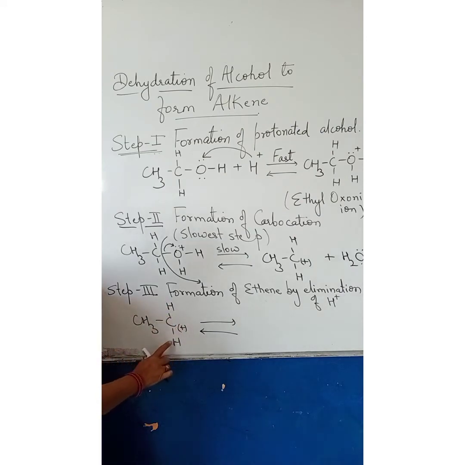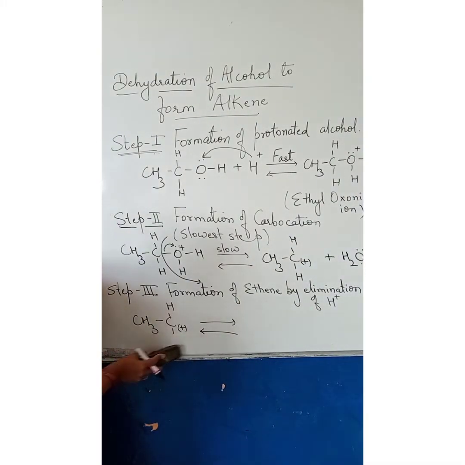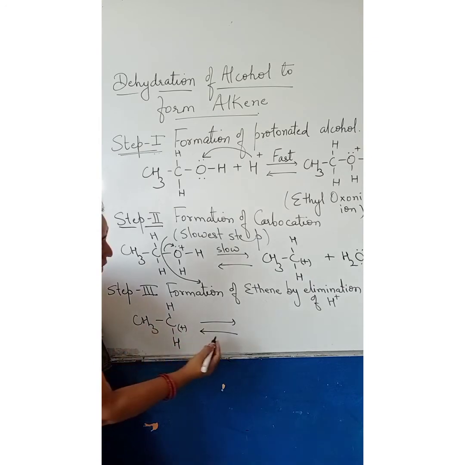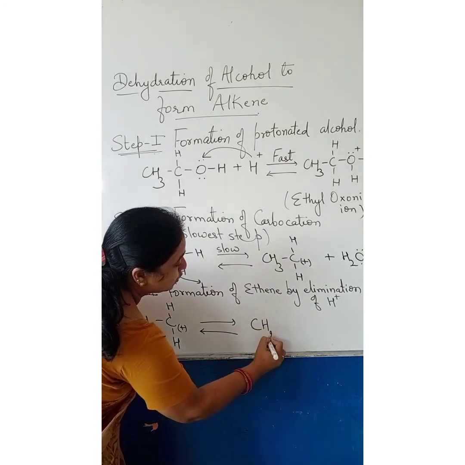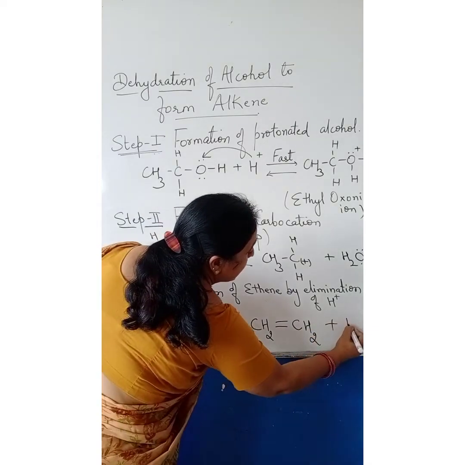So this is the carbocation. Proton leaves its electron pair, which satisfies this one. Basically, the hydrogen from here is going to go and it is going to form a double bond. So CH2 double bond CH2 plus H+.